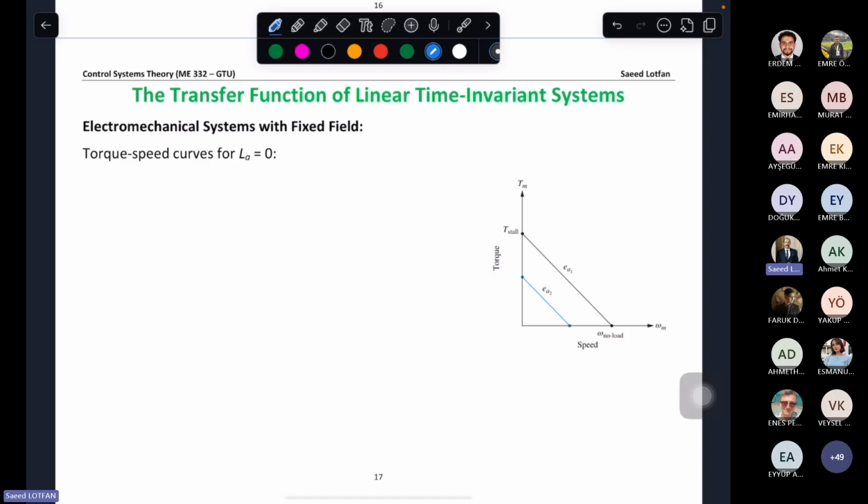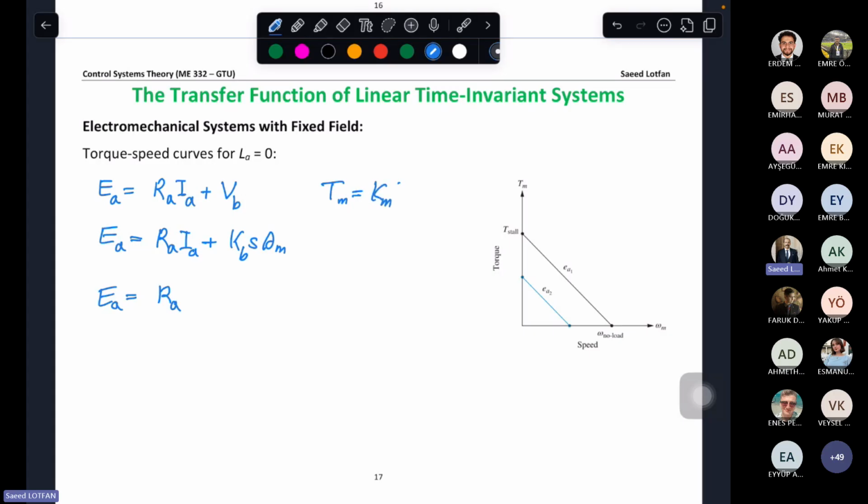If we are just doing it for LA0 here to make it simplified, I know that EA is RAIA plus back EMF voltage. And I know that EA is equal to RAIA plus KB S theta M. And I also know that TM is equal to KM IA.